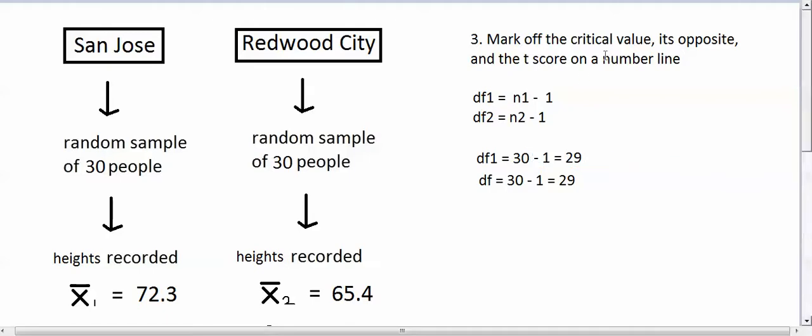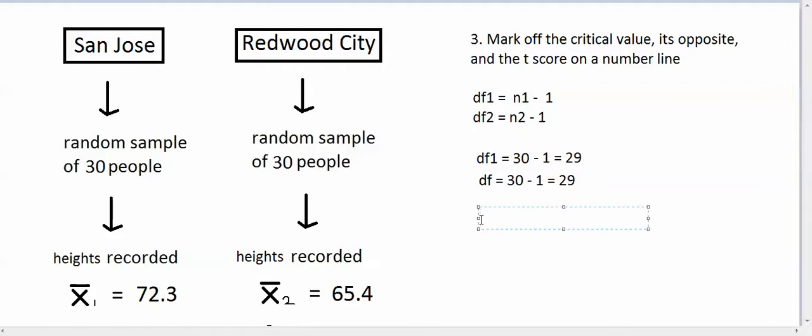So all we've done here is we've taken the San Jose sample size, 30, and subtracted 1 to get 29. And we've taken the Redwood City sample size, 30, and subtracted 1 to get 29. This is 1 less than the first sample size, and this is 1 less than the second sample size.